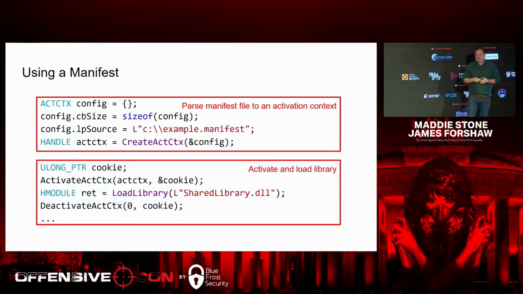With that handle, you can now call activate activation context, and then certain system APIs, such as load library, for example, will now recognize that that activation context is in effect on the current thread, and perform the different operation and potentially do dependency resolution for you automatically at runtime.